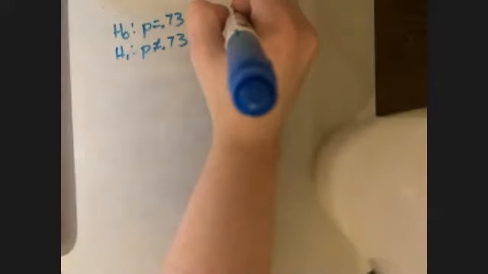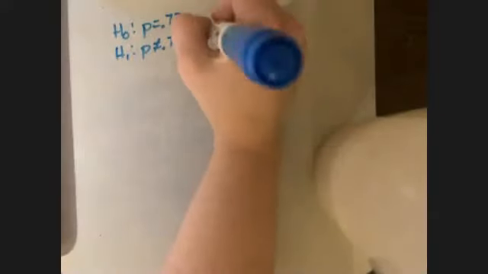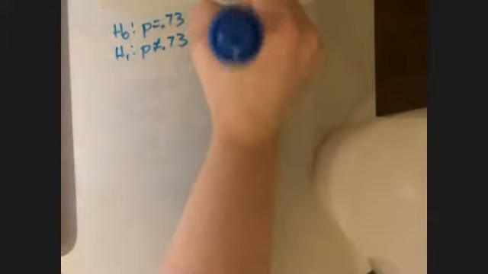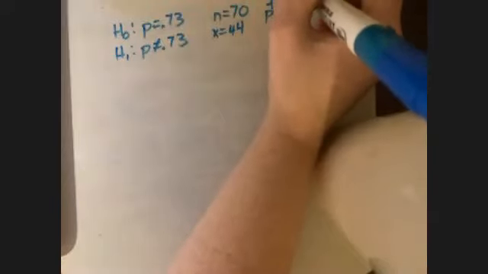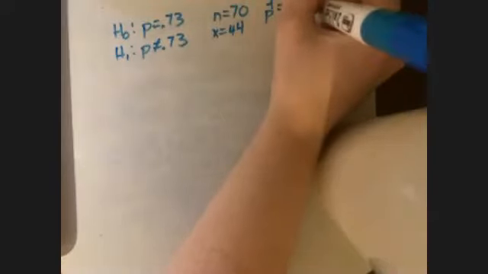She samples 70 technology companies and finds that 44 of them have Twitter accounts. The question is, can she conclude this? So 44 divided by 70 is going to be 0.6286.